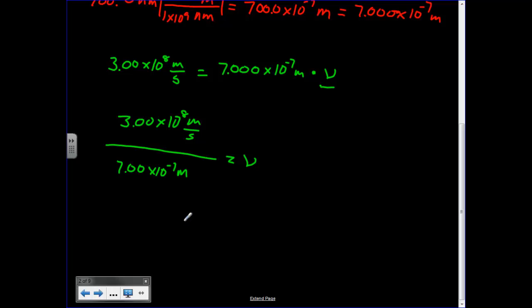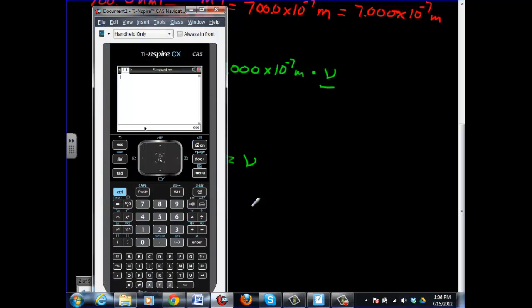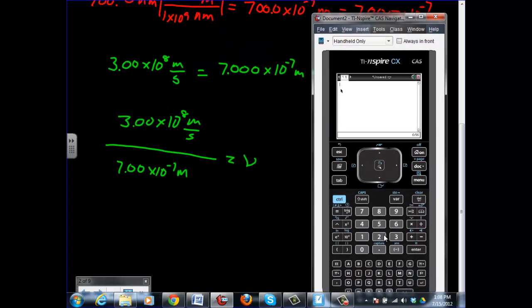Now, if we pull up a calculator just real quick to see what we get here. So we do our calculation. 3, and this double E is the same thing as times 10, so 3E8 divided by 7E negative 7, and what we come up with is 4.29 times 10 to the minus 14th.